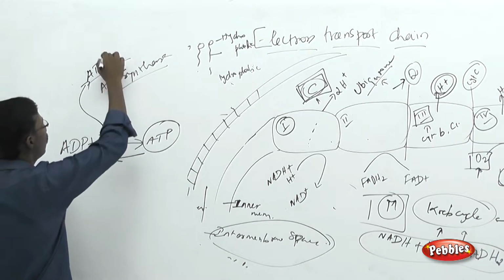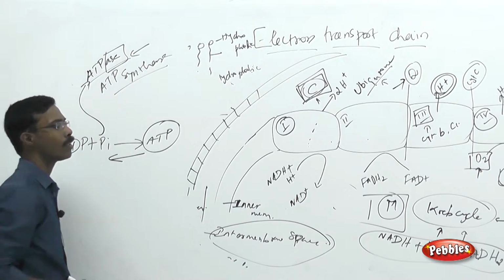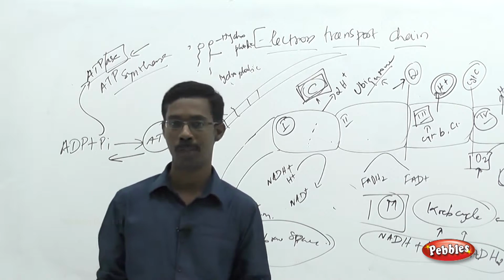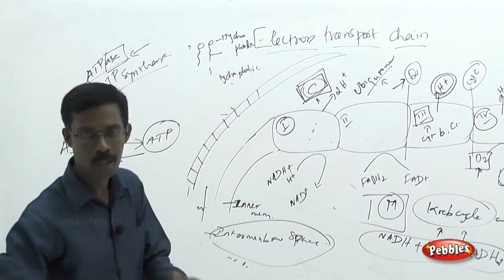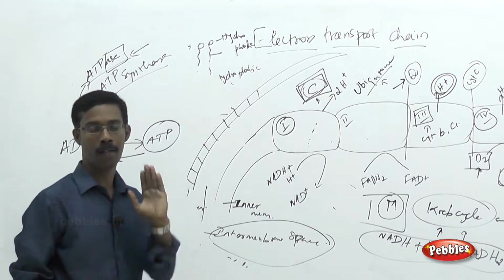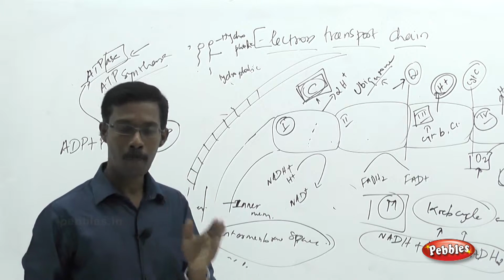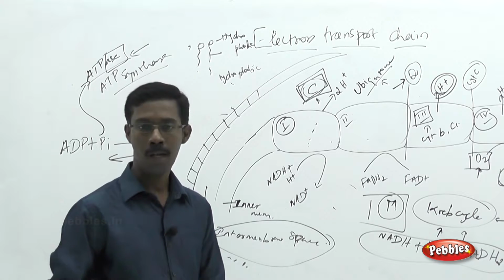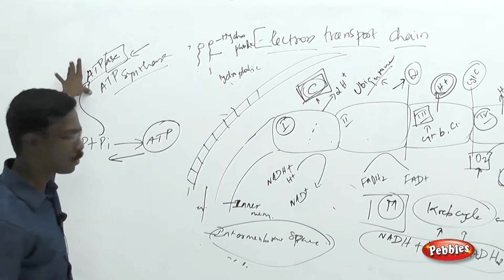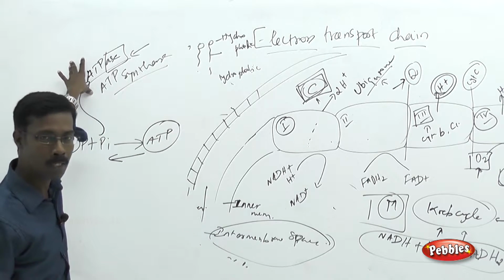Whenever you see the term ase in an enzyme, it is going to break the molecule. This is what you have to remember. Nuclease means it is going to break down nucleic acid. Carbohydrase, lipase. Lipase means the enzyme is going to break down lipid molecules. So ATPase means they are going to break down the ATP molecules.